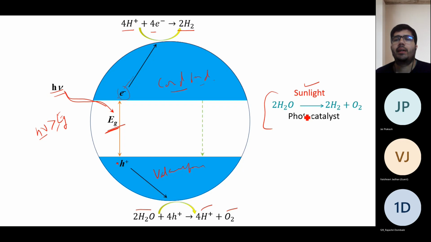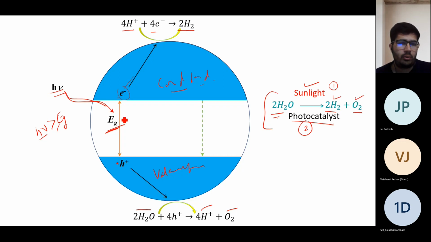Condition 2: you need a photocatalyst. If both conditions are met, water can be converted into hydrogen and oxygen. So 2H2O, with the combination of sunlight and photocatalyst material, can be converted into hydrogen and oxygen.